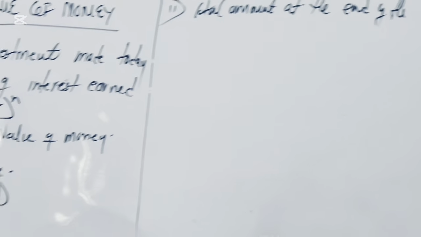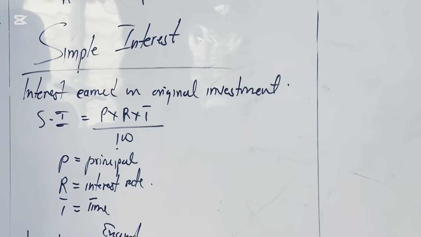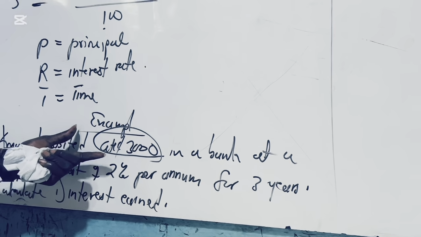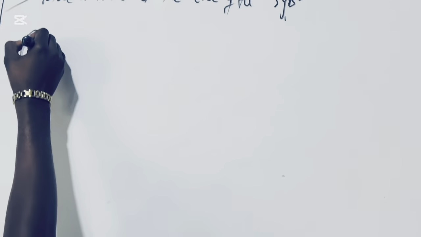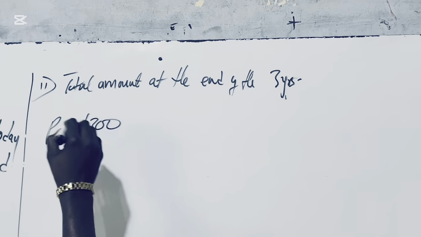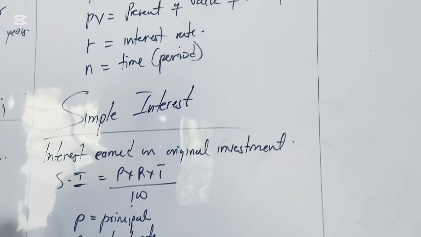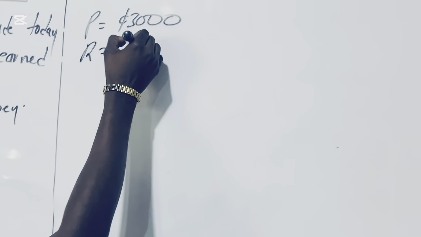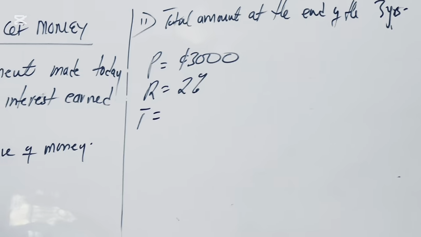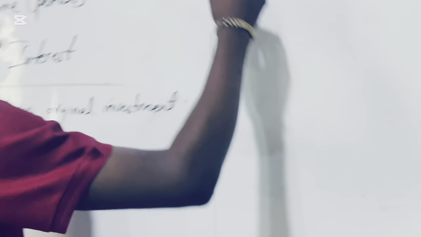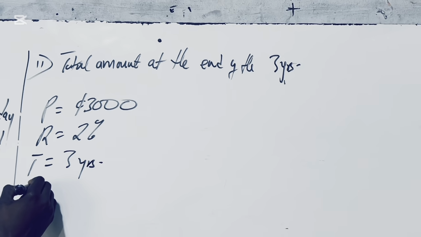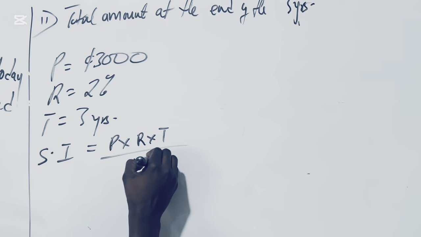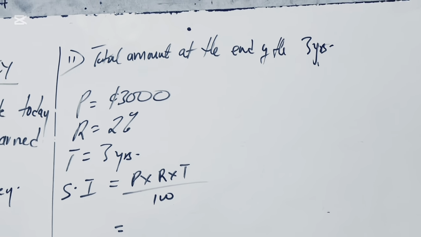So here, what do we do? Remember I said, when you are given a question, the amount deposited or borrowed is what we call our principal. So in this question, our principal is 3,000 Ghana cedis. And then our rate is 2%. And then our time is given as 3 years. So to calculate our simple interest, we say principal times rate times time all over 100.